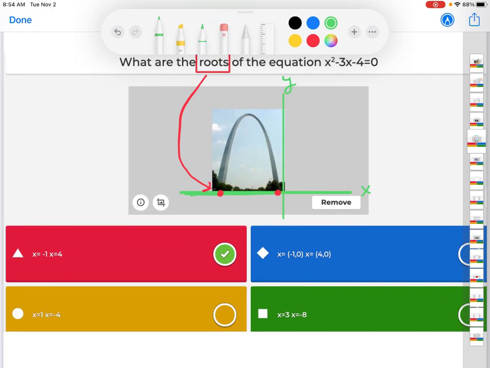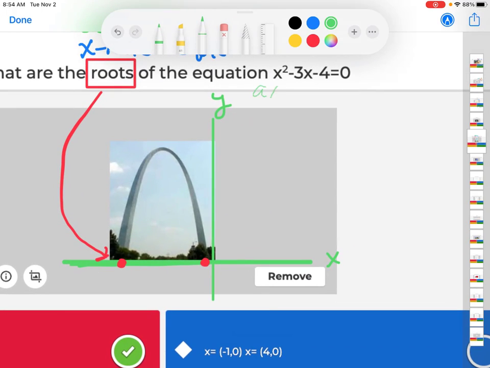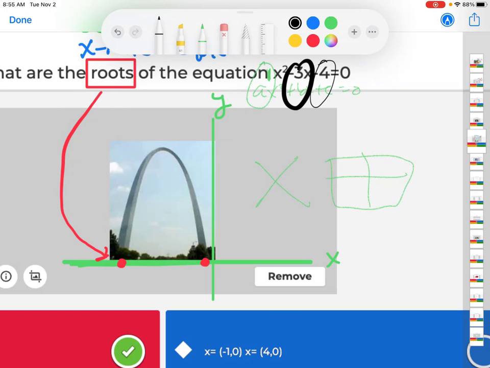And so what you're going to have to do in this problem is factor it. You could solve this by using other methods like graphing, but I think factoring is the easiest one. You just have to learn how to use the Xbox method. So a is 1, b is negative 3, and c is negative 4. So a times c is negative 4, b value is negative 3.